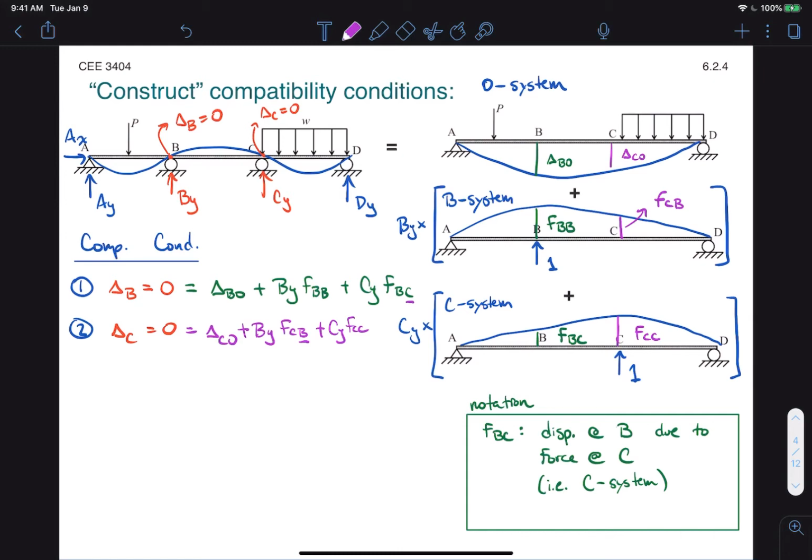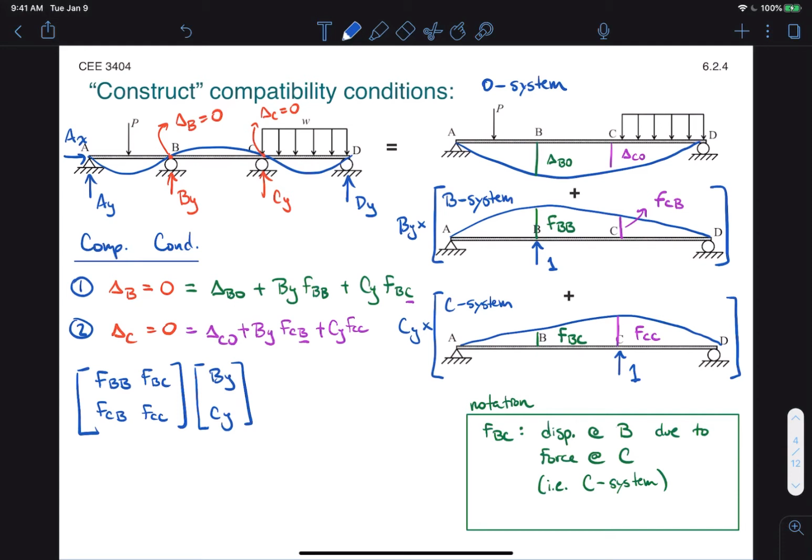Okay, so we have a system of two equations that we need to solve. Now, of course, you can do that by hand, but these compatibility equations actually lend themselves really easy to linear algebra and solving using matrices. So we can set that up pretty easily, actually. So we can set up a 2x2 matrix of the F terms multiplied by the corresponding reactions, right?